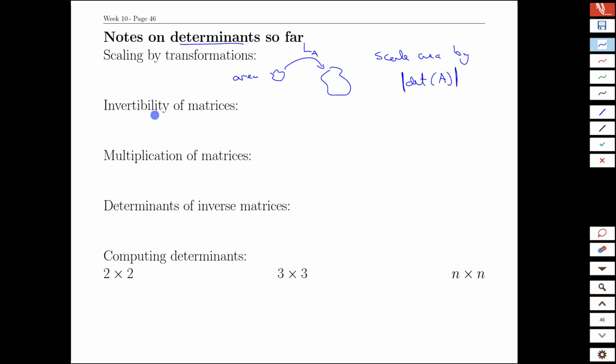We also saw that if A is invertible, that is equivalent to a whole bunch of things, but our new ingredient here is that the determinant of A cannot be 0. Think about areas: as long as I get a new area, I can presumably map it backwards. Where do things break down? If I squish the area until it collapses, so the determinant cannot be 0.